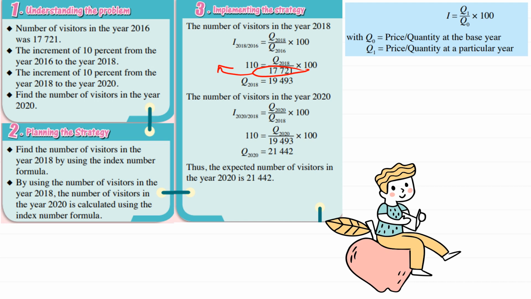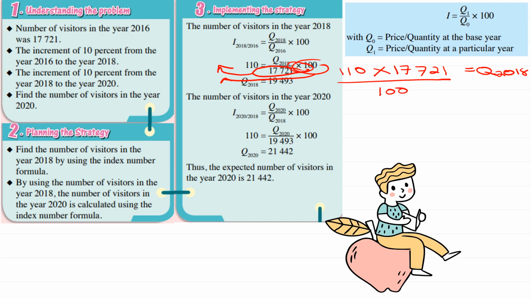You bring 100 to the left hand side. So 110 multiplied with 17,721 is equal to the quantity of visitors for 2018 times 100. The 100 is multiplication, so if you bring it to the left hand side, it becomes divide by 100.